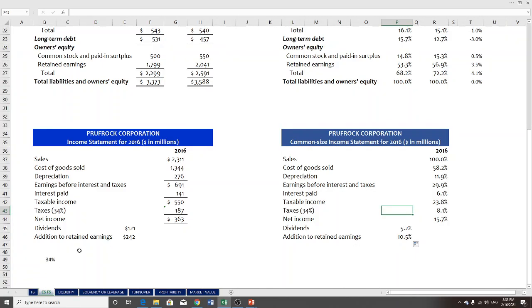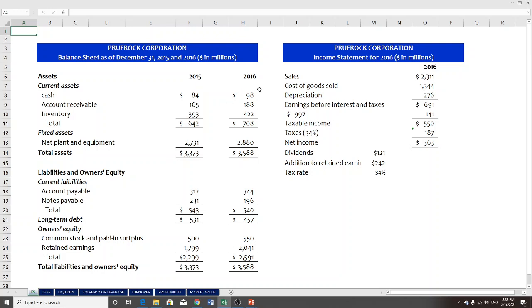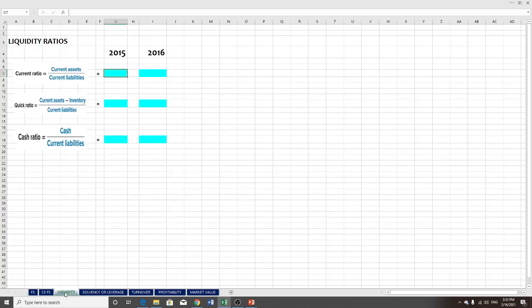This is our financial statement here. The information for the current ratio is normally in the balance sheet. So we want to compute them. For 2015, we'll do sheet referencing now. This equals current assets over current liabilities. You go to here.